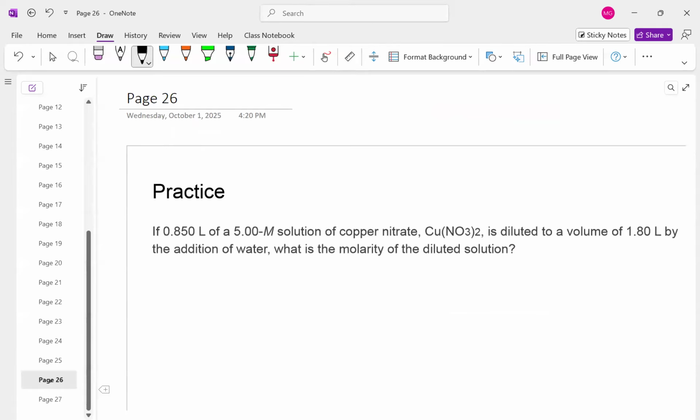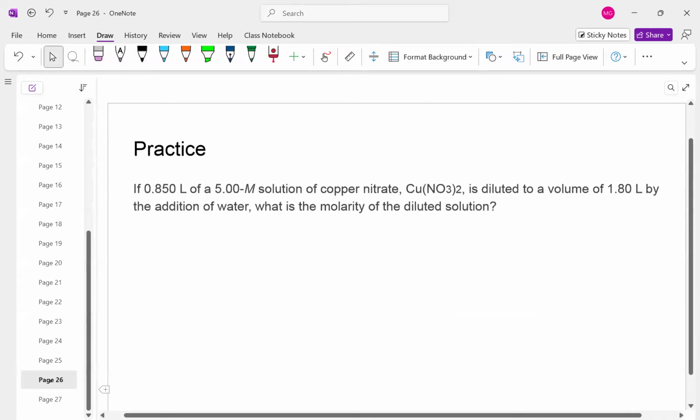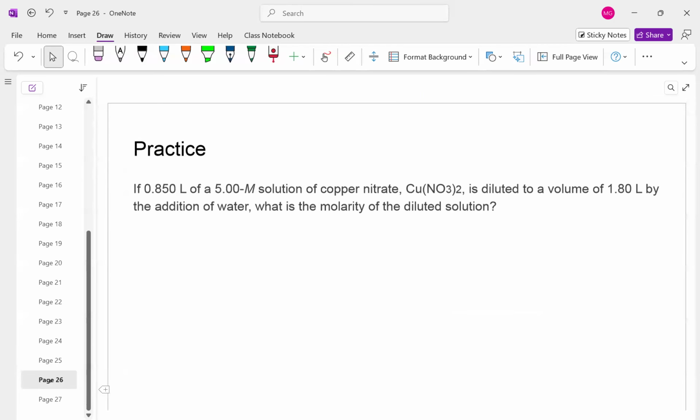All right, so let's get some more practice with this. If 0.850 liters of a 5 molar solution of copper nitrate is diluted to a total volume of 1.80 liters by the addition of water, what is the molarity of the diluted solution? So first things first, let's just label all of these.